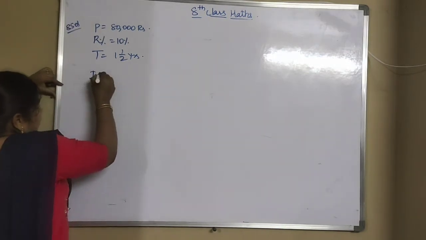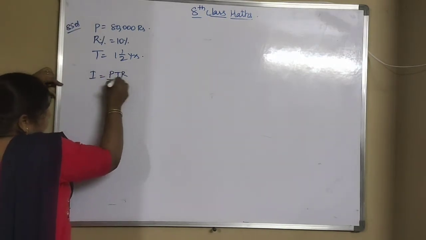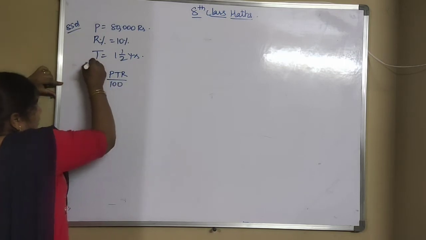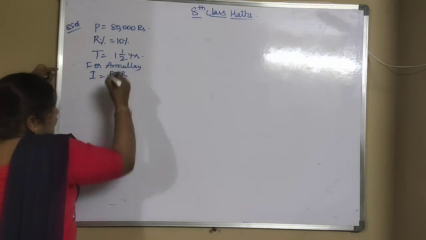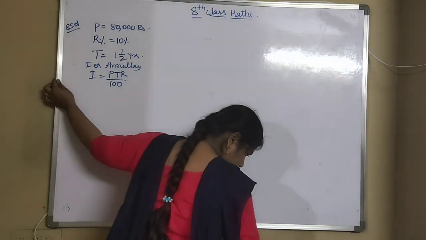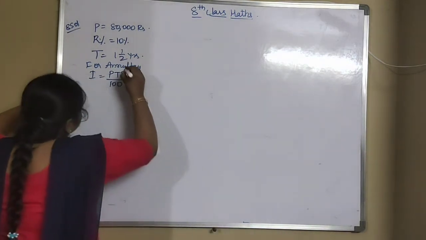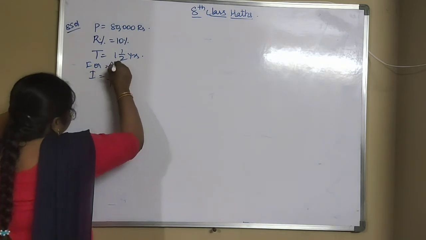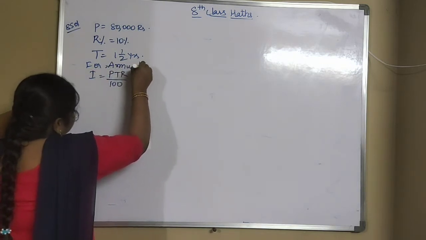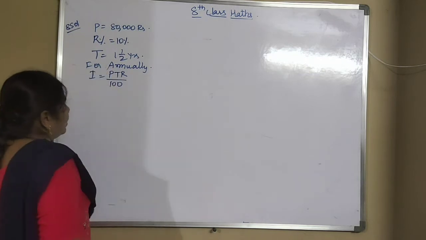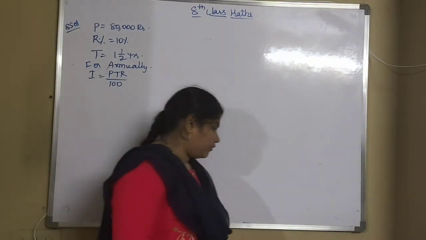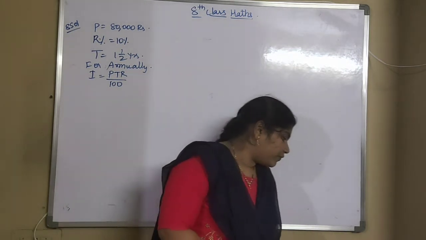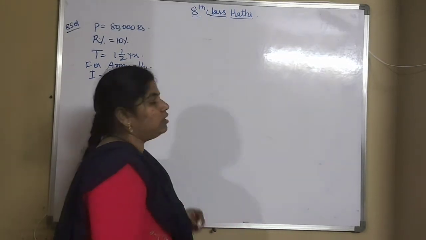Okay, first for annually we will find. I is equal to PTR by 100. This is for compounded annually. So first I am finding for 1 year, after that I will find for 6 months.